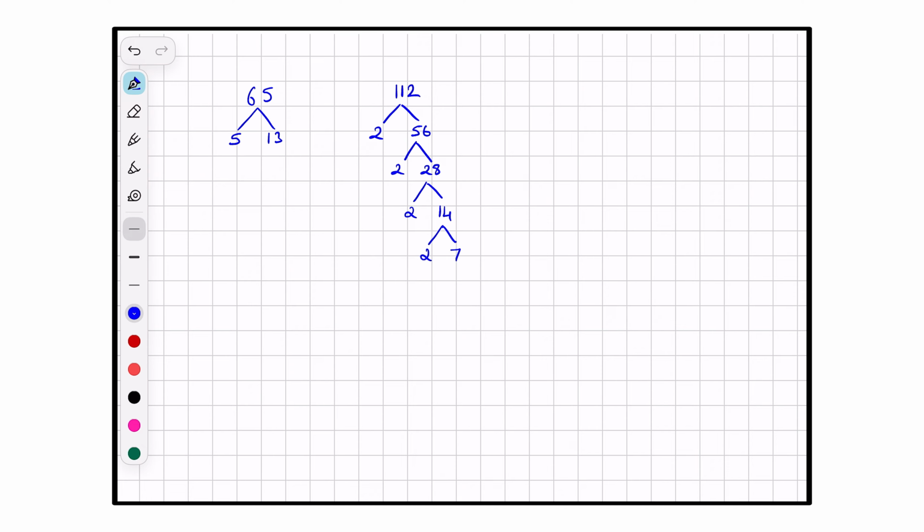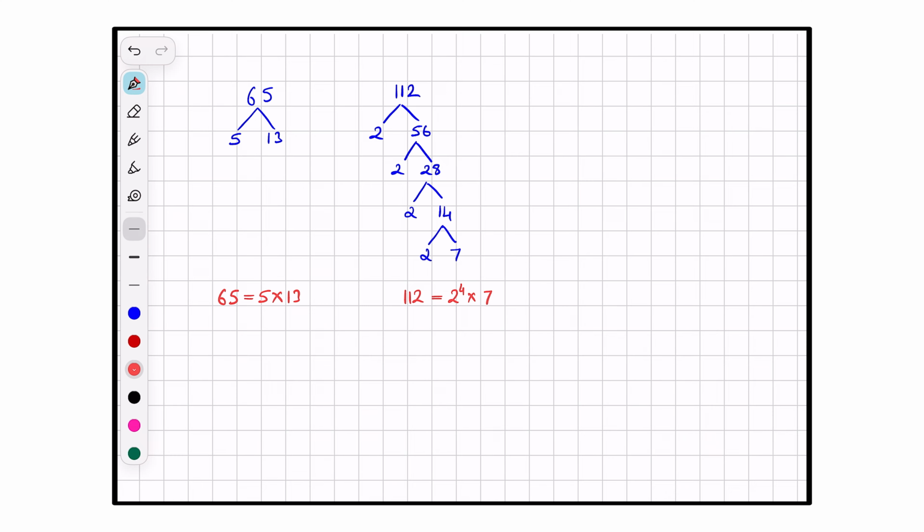So let us write it together. 65 is simply 5 into 13, and 112 will become 2 power 4 into 7.